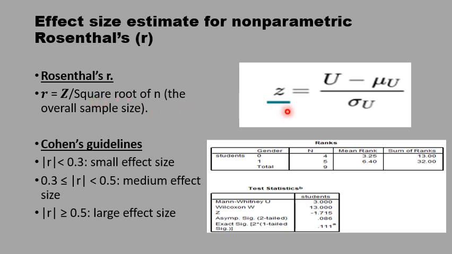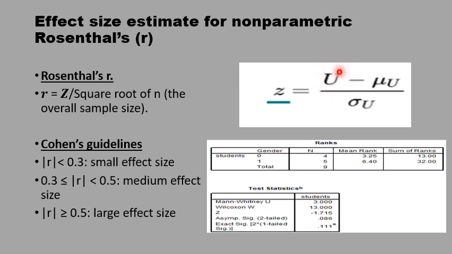The z-score can be obtained from the U that we have calculated minus the U that would be expected. The U that would be expected for a valid null hypothesis would be 10 in this example. The 20 squares would be divided evenly between the males and the females, so the expected U for the null hypothesis is 10, and this is the actual U for the smaller group of the two.